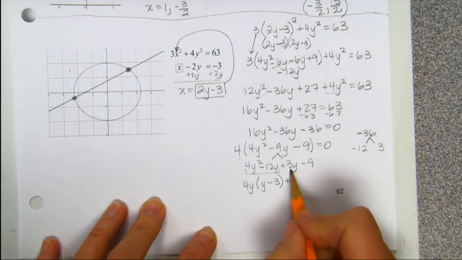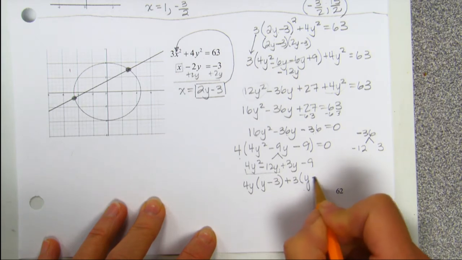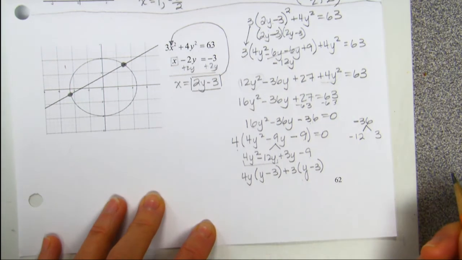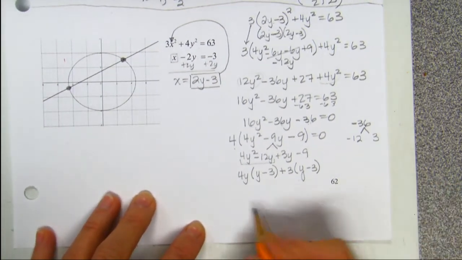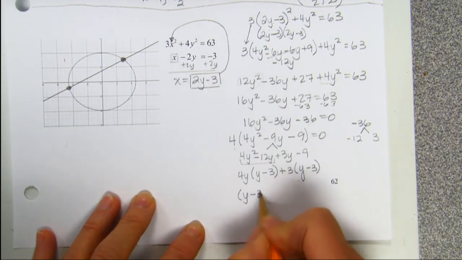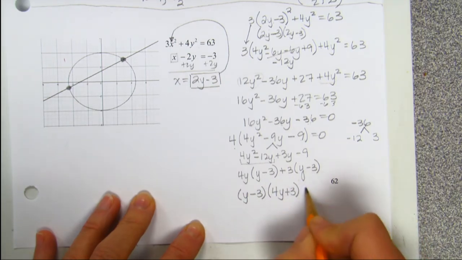The back terms will share a 3 in common. Pull that to the front, and it leaves a y minus 3. Yay, it factors. Y minus 3 comes to the front. The 4y plus 3 that's left over goes in the back.